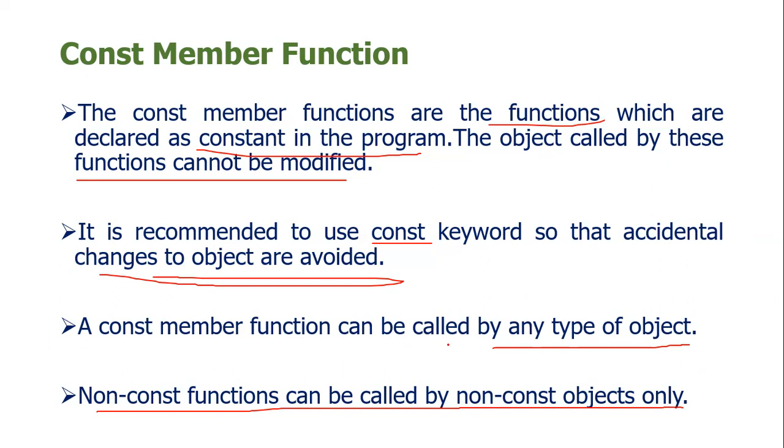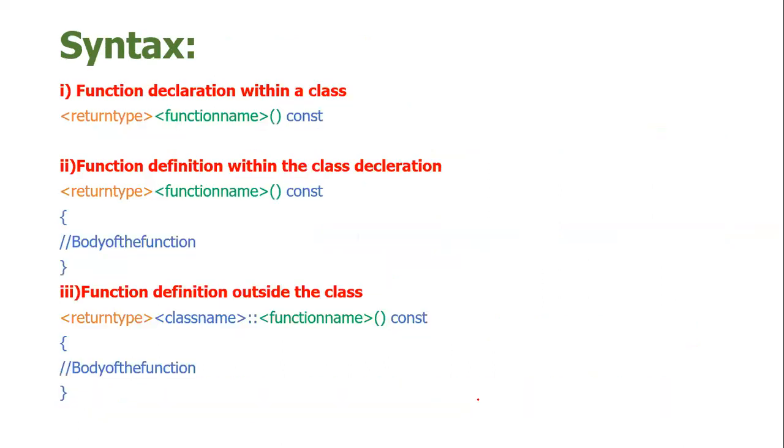Let us see the syntax for the declaration and definition of a constant member function, both inside the class and outside the class. That is what we are going to discuss here.